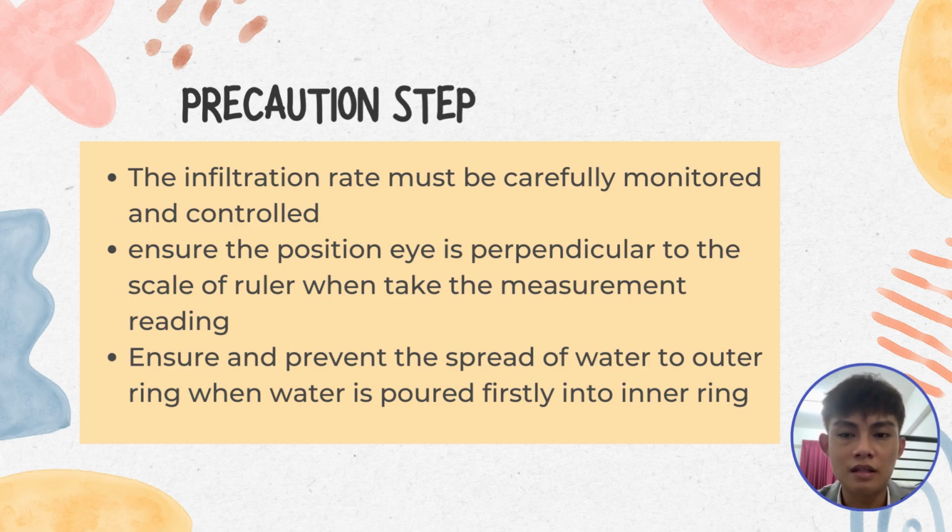So when we pour the water, we need to make sure the water does not spread out into the outer ring, as it will affect the reading and the result. That is the important step we need to focus on to avoid error in this experiment.